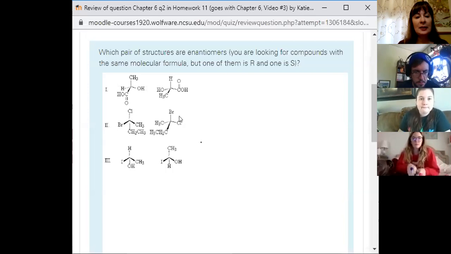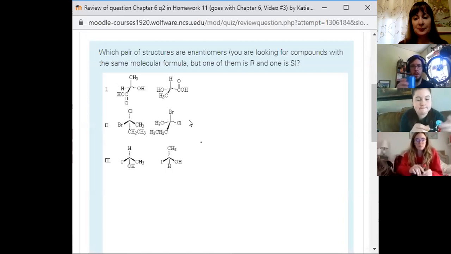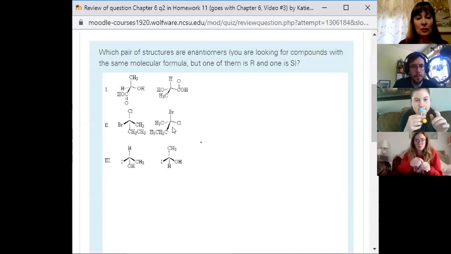Now, has anybody already done this one and can tell us whether this one is R or S? You can take the time to do it. This one is easier to do because it looks more like a normal model.